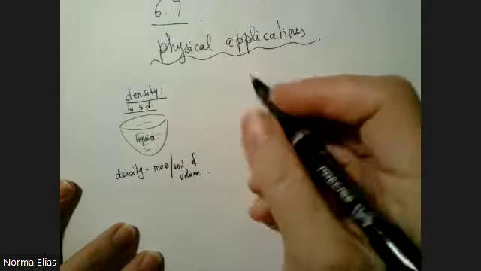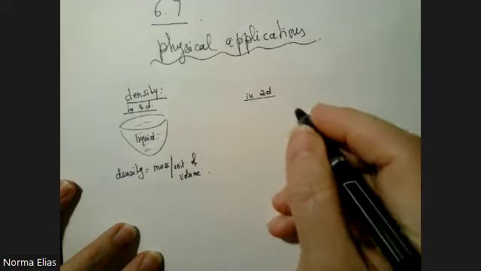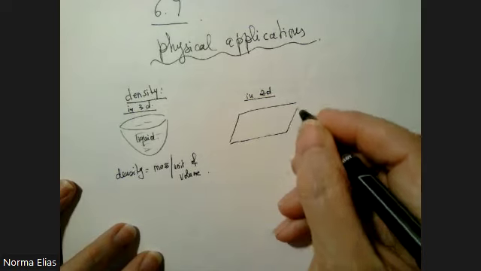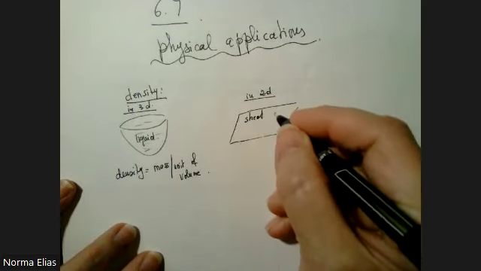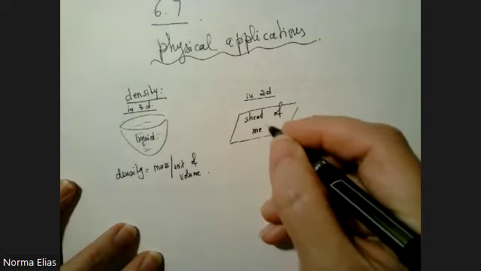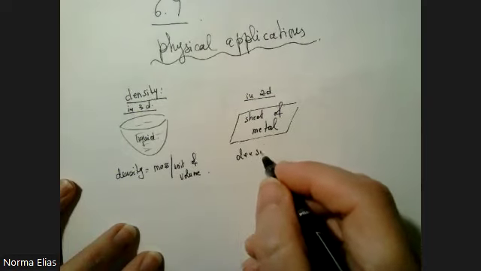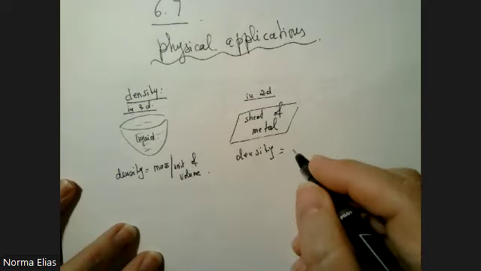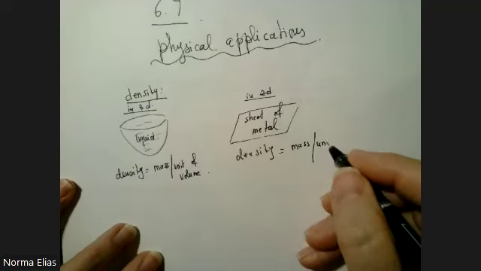In 2D, of course, we can talk about density, but here you are in 2D. So let us say this is a sheet of metal, some kind of a metal. We cannot put liquid anymore. And then the density here is going to be also the mass per unit of what?